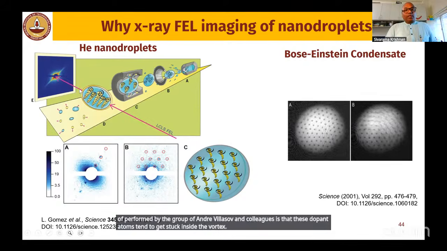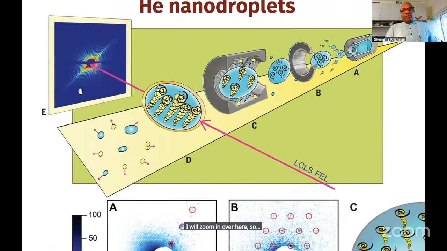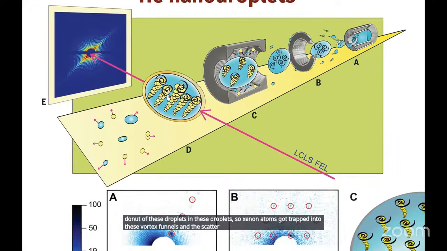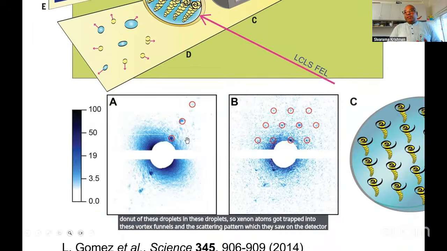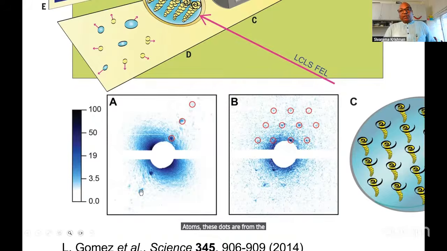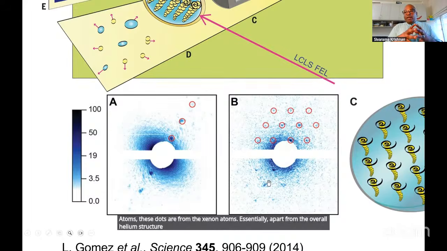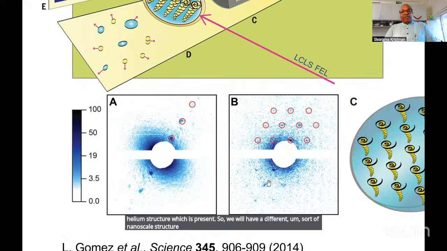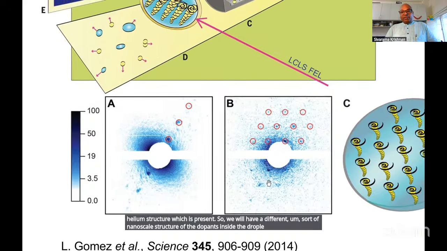I will zoom in over here. This is a typical vortex, and xenon atoms were doped on these droplets. The xenon atoms got trapped into these vortex funnels, and the scattering pattern they saw on the detector is essentially scattering from the xenon atoms. These dots are from the xenon atoms, apart from the overall helium structure which is present. So we will have a different sort of nanoscale structure of the dopants inside the droplets, Professor Bhaskaran.